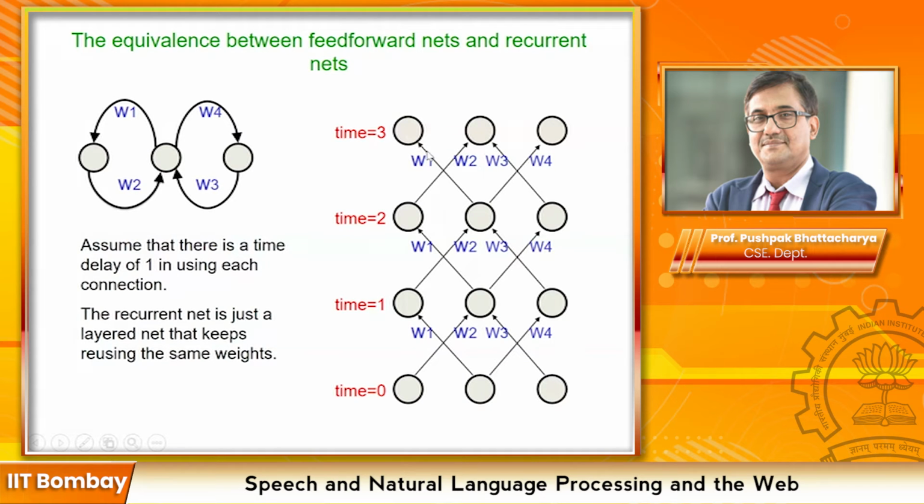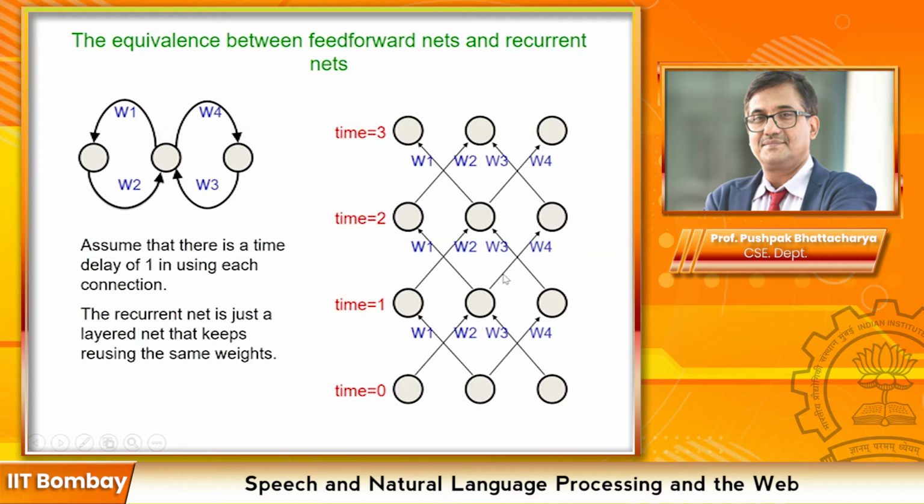The change in weight is learning rate times delta times O: the learning rate is eta, delta is at the destination neuron, and O is at the source neuron. This is the weight change rule by which I would have got the weight values from the input and output patterns. But the problem is this is a recurrent neural network, actually the same network replicated over time, unfolded. The stacks are the same network repeating itself.